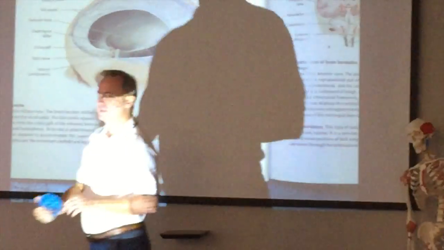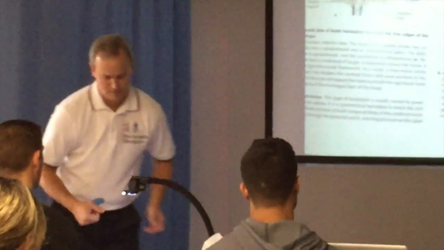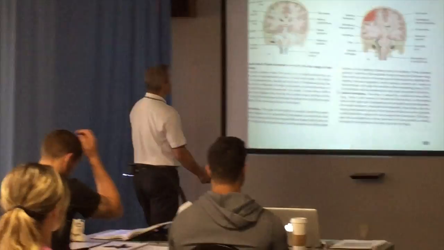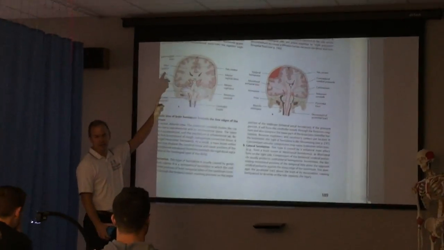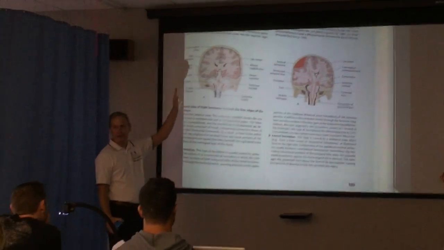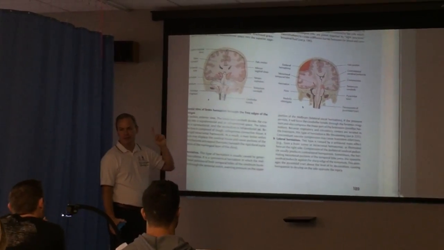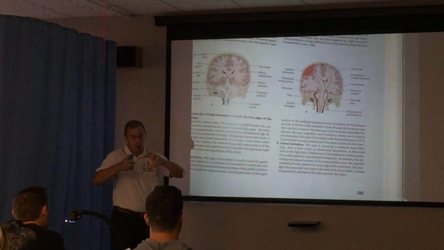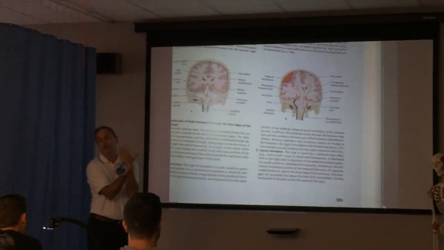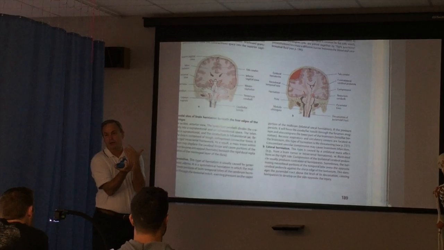When you look at this, you'll notice there's not a lot of space between the brain and the falx cerebri and the tentorium cerebelli. So when I torque that, I have to be moving the cerebrum, right?